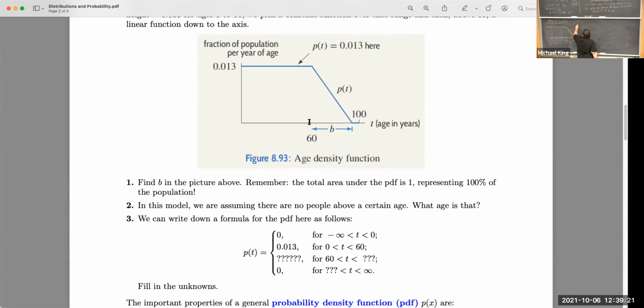So if you write 1 minus... We're finding B. You might have to plug things into a calculator or something. If you found B, you can try to answer questions 2 and 3 also.